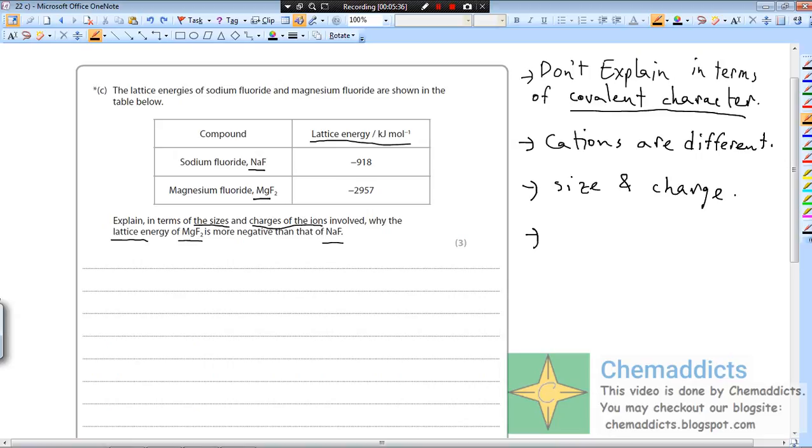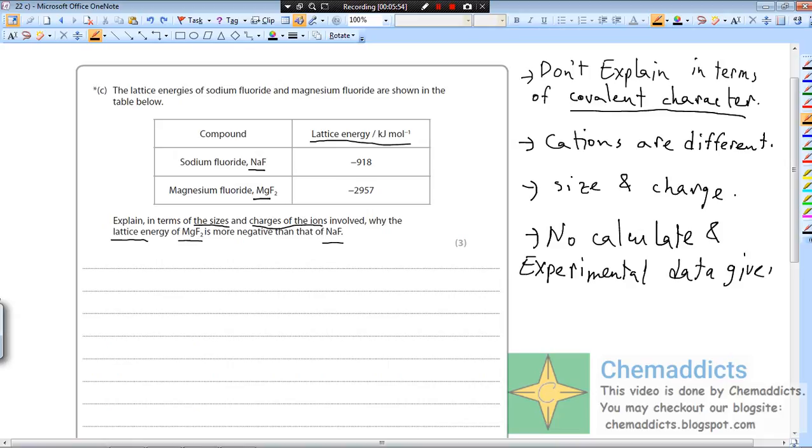Then, since there is no calculated and experimental data given.